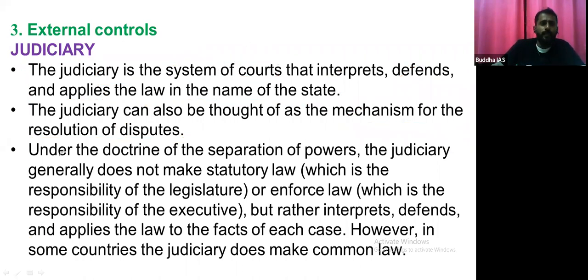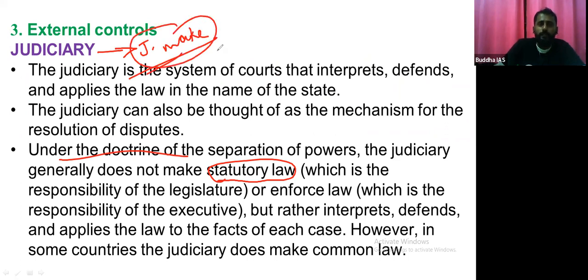Under the doctrine of separation of powers, the judiciary generally does not make statutory law. So here, very important, can judiciary make law? What is your answer? The answer should be no.